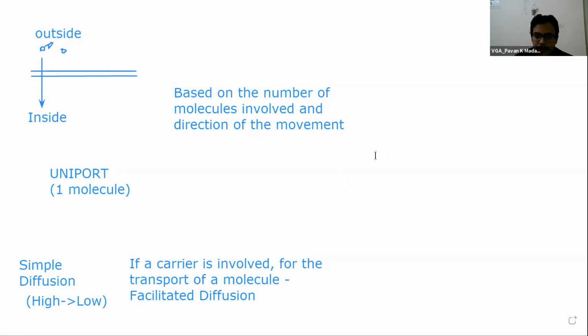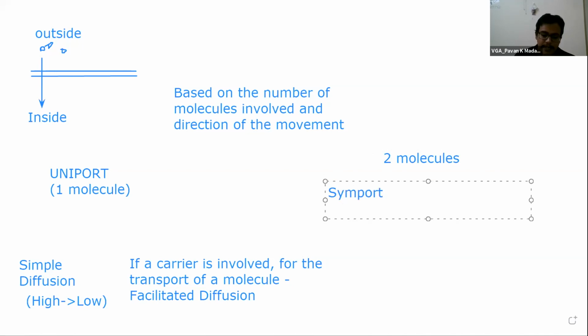Okay. So now let us talk about two molecules. When we are talking about two molecules, we have different names. Like we have symport. Symport means we are talking about two molecules, and these two molecules are moving in the same direction.